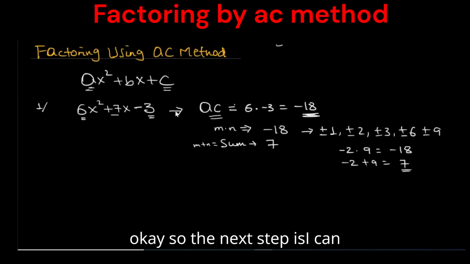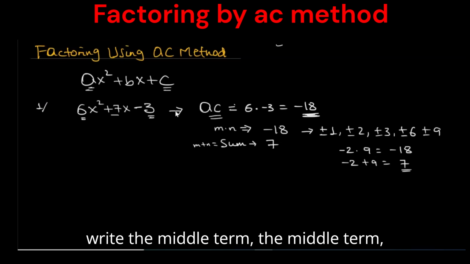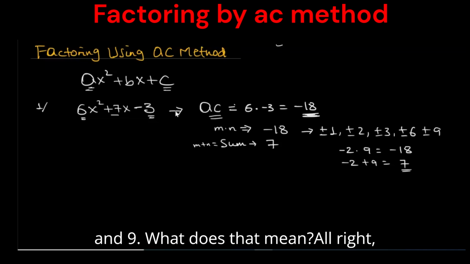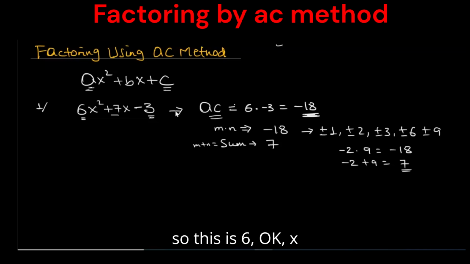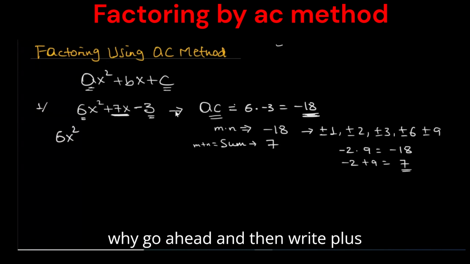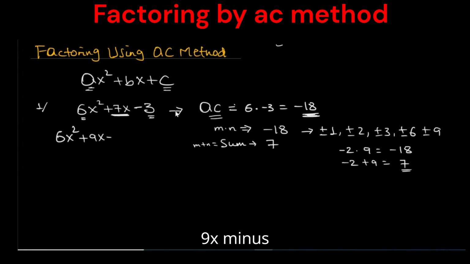The next step is, I can write the middle term in the form of negative 2 and 9. What does that mean? This is 6x squared. Instead of writing 7x, I go ahead and write plus 9x minus 2x minus 3.